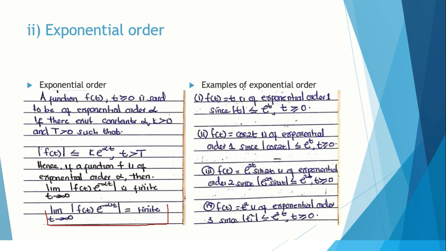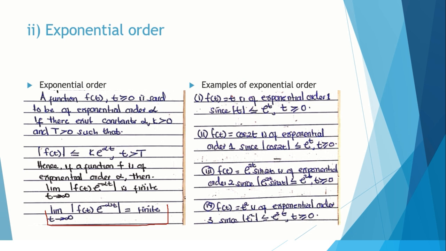So again we're going to look at examples of functions with exponential order. If we're given a function f of t equal to t, we're going to inspect whether t is of an exponential order.